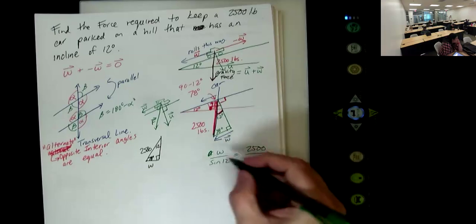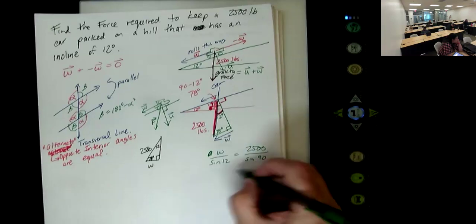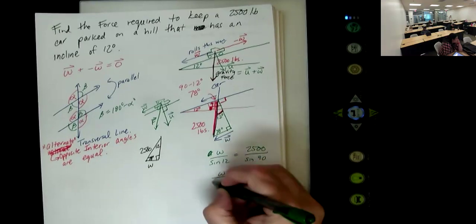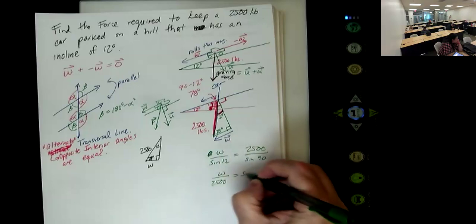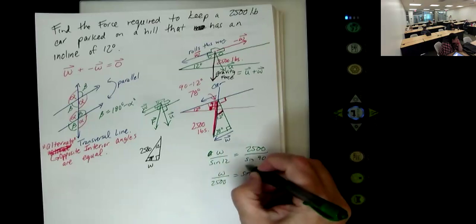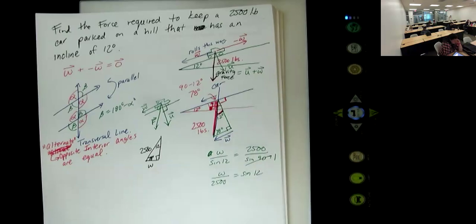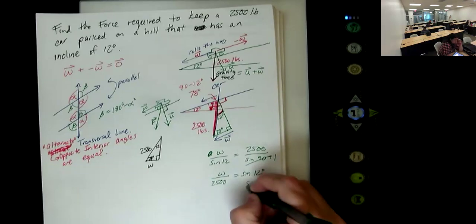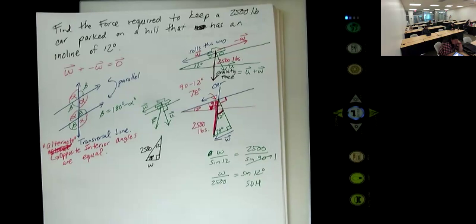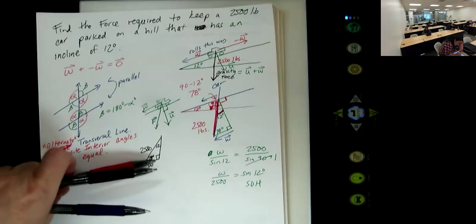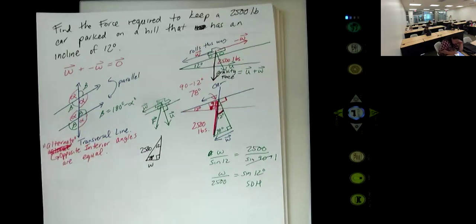So you'll notice if you do this, this would end up being W over 2,500 equals sine 12, because this is 1. And this is the SOHCAHTOA, opposite over hypotenuse. So if law of sines is what pops in your head, use law of sines, but you gotta make sure you're using the 90-degree angle to go with the thing here.